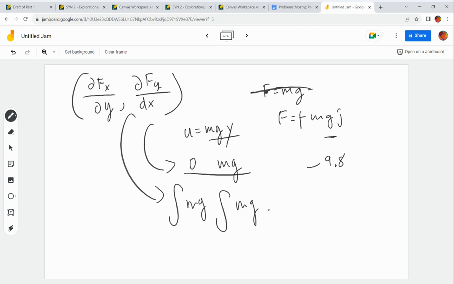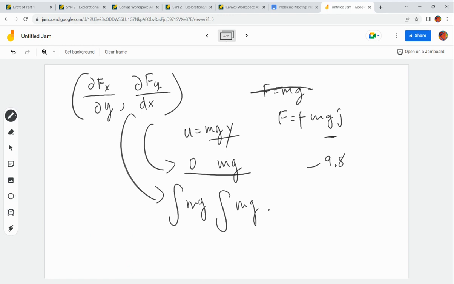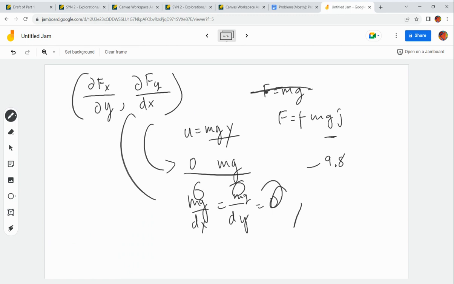Sorry, that's wrong. That's not what happened. You could take mg and take a derivative with respect to x, then y, and you would get 0. In reality, you would have already gotten 0, and you're getting 0 again. So actually, this would be 0 divided by dx, which is even more confusing, which is why I don't like it.